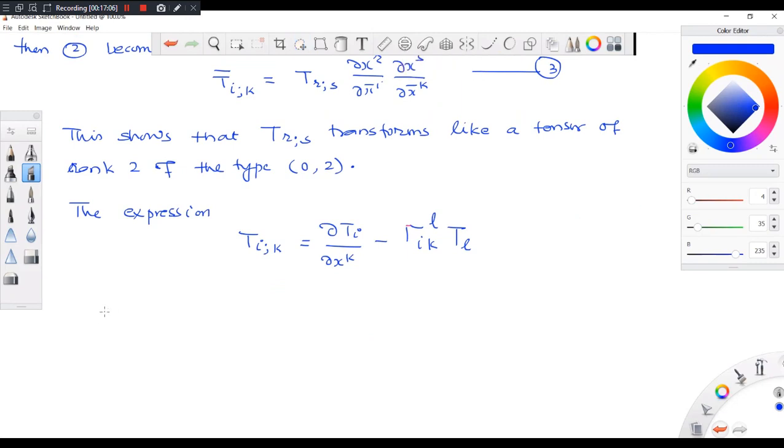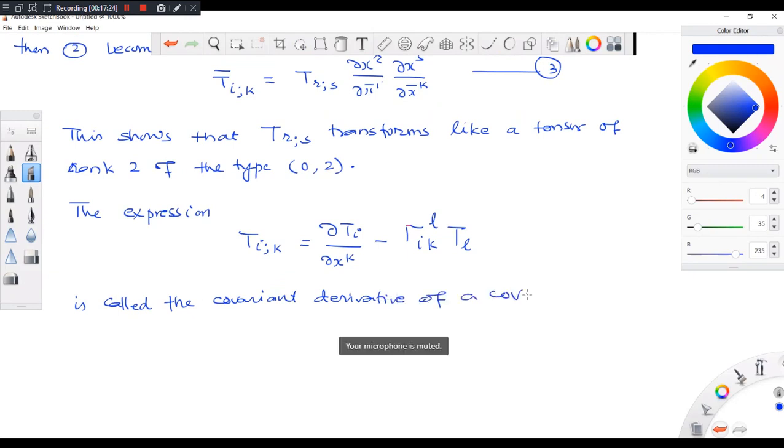So this is called the covariant derivative of a covariant vector t_i. Covariant vector t_i.